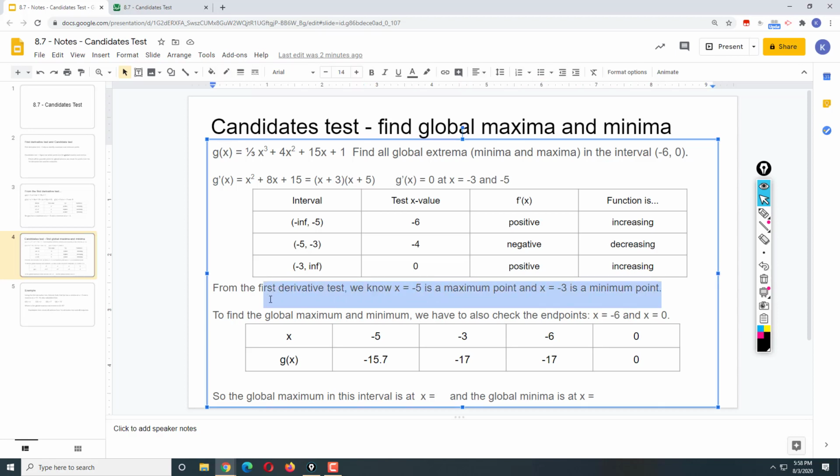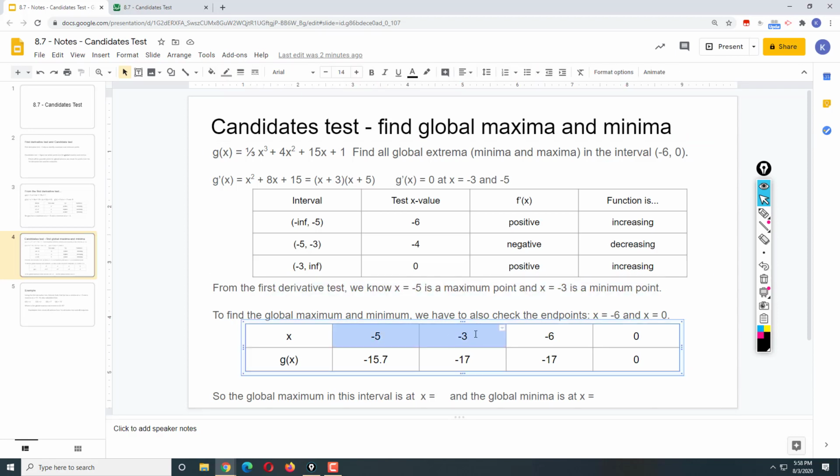For the candidates test, we use those 2 points, x equals -5 and -3, and we check our endpoints. If we want to find the global extrema in the open interval -6, 0, then we also have to check x equals -6 and x equals 0.